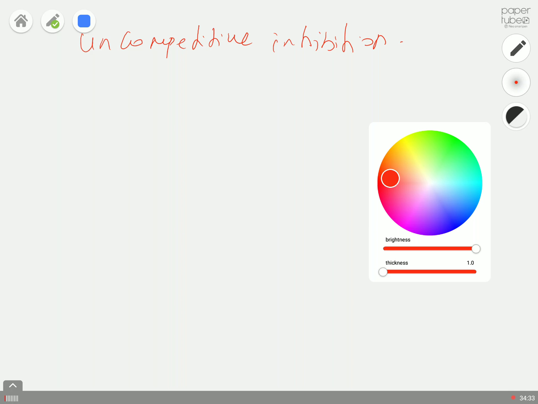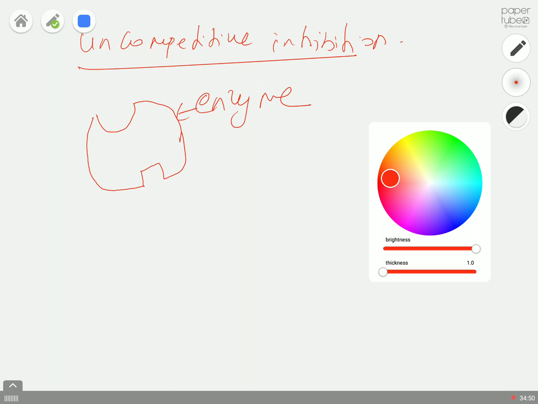So uncompetitive inhibition. Say this is your enzyme, and say this is the structure of your substrate, and say this is the structure of your inhibitor molecule.